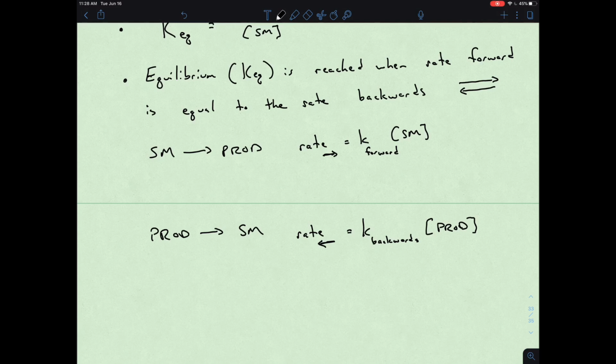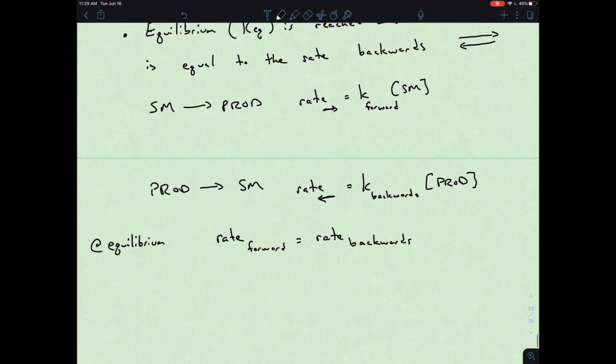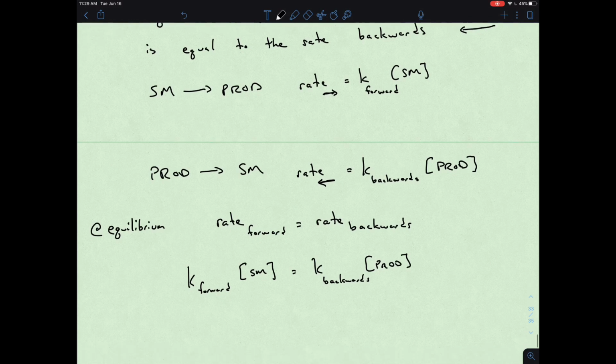And so if I rearrange that a little bit, bringing my k's on one side and my starting materials on the other, by setting them equal to one another, because at equilibrium the rate forward is equal to the rate backwards, my k forward times the starting materials would equal my k backwards times the products.